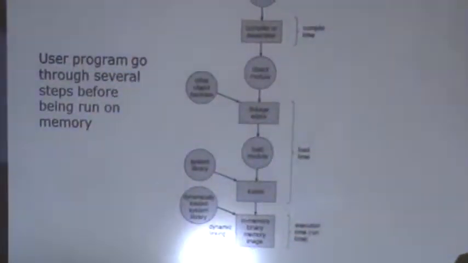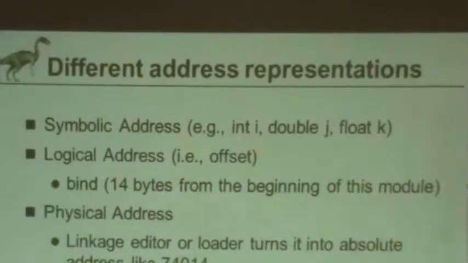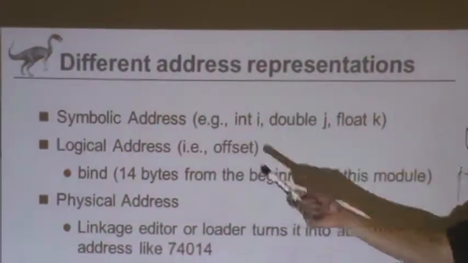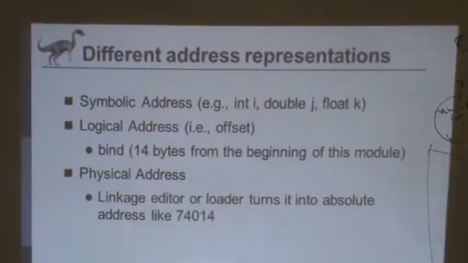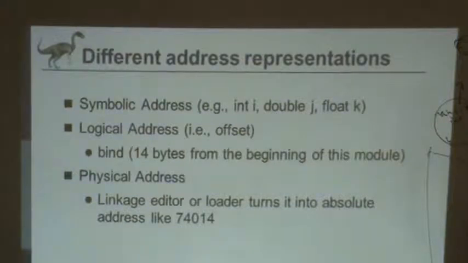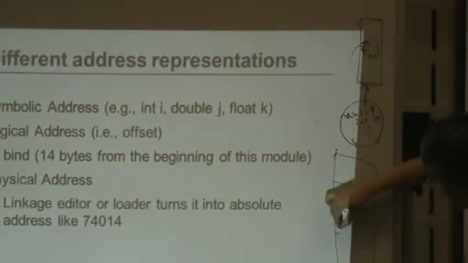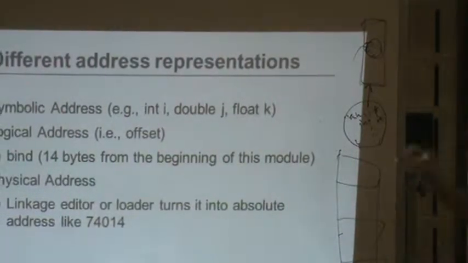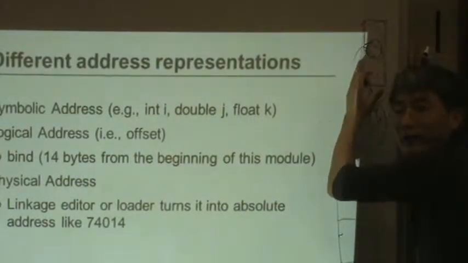So let's take a look at this first. There are different types of address format. In your program, we are using integer i, double j, or float k, something like that. After compiling, can you get the exact address? Not yet, because you don't know whether the program, the series of instructions, is loaded into here or here or here. This has a relative value, in other words, an offset.